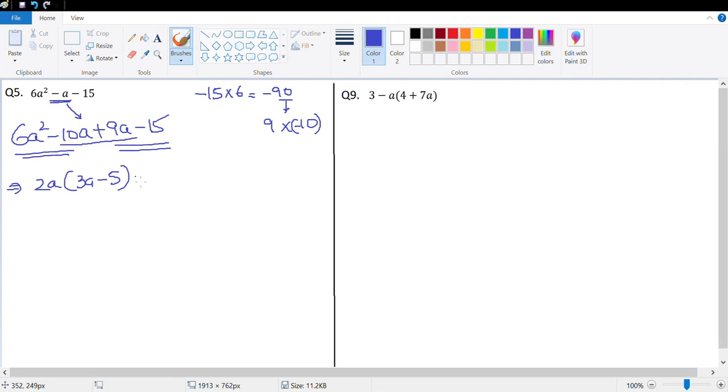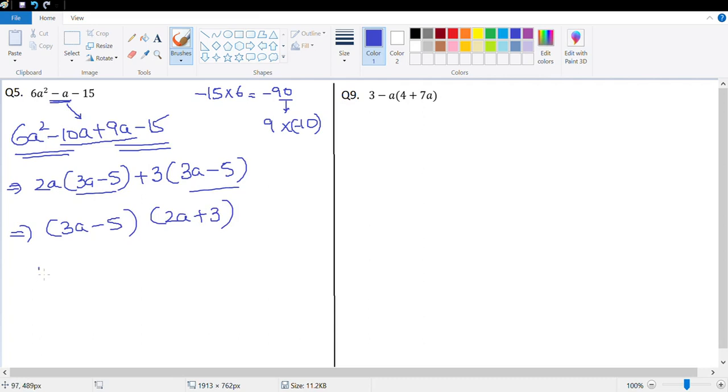What's common here is 3. What remains from the second two terms is 3a minus 5. Now 3a minus 5 is common. So what we have is 3a minus 5 times 2a plus 3. So I would represent my answer as 6a square minus a minus 15 is equal to 3a minus 5 multiplied with 2a plus 3.